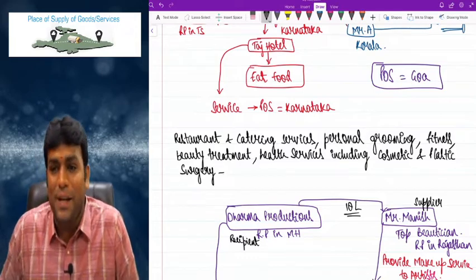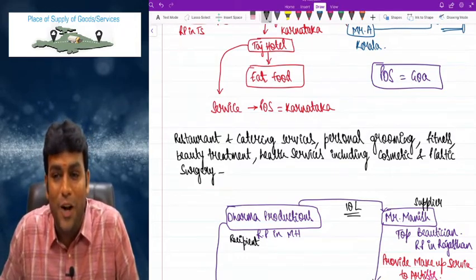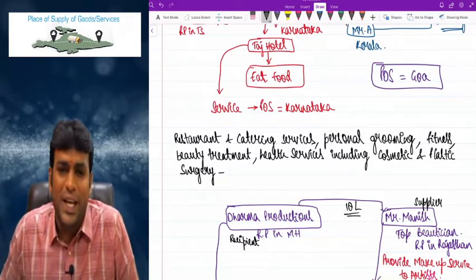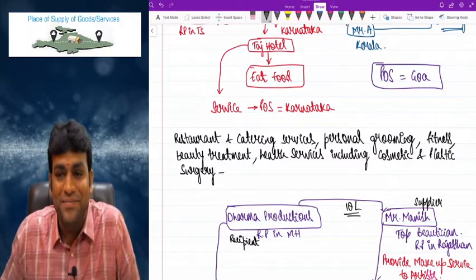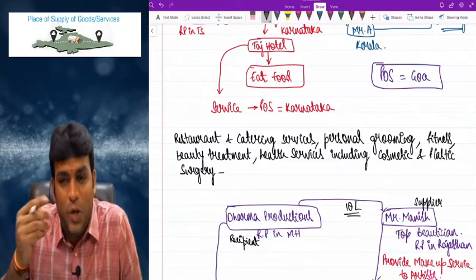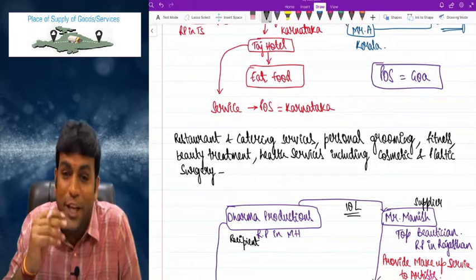But GST is applicable for cosmetic and plastic surgery. Now, what is the meaning of cosmetic and plastic surgery? That is important. Let me tell you very clearly, cosmetic surgery is something like a pimple treatment or some hair transplant treatment. Plastic surgery, we know that the face is completely changed.